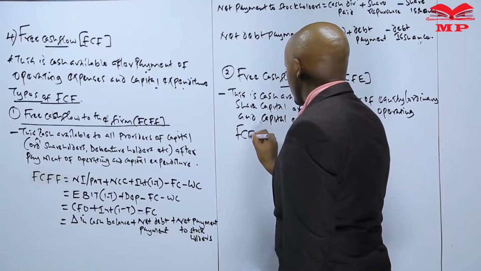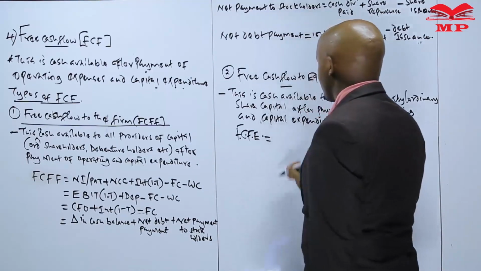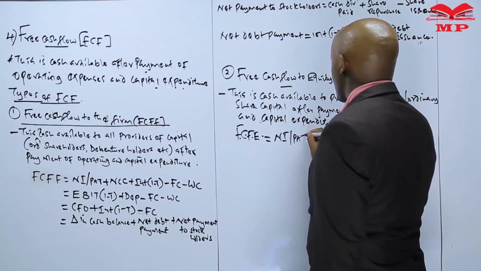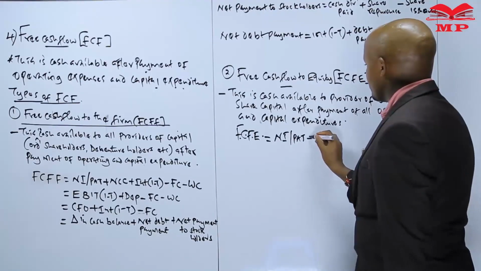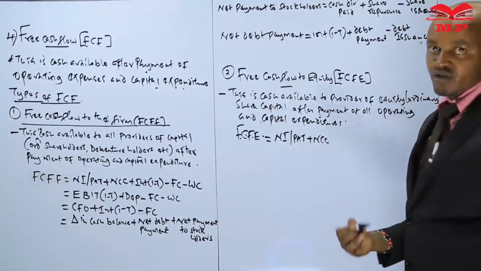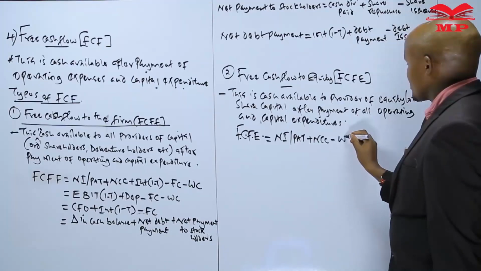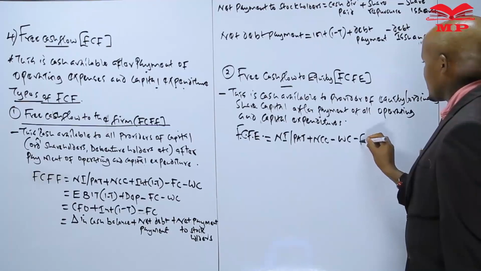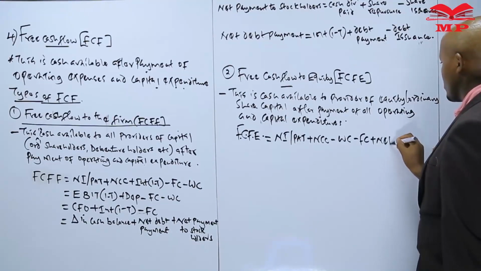Free cash flow to equity can be computed using various formulas. The first formula is net income, which I have said is the profit after tax, and then to this we add the non-cash items, e.g. depreciation, amortization, and so on, and then we less working capital expenditure, and still we less capital expenditure, and then to that we add net borrowing.